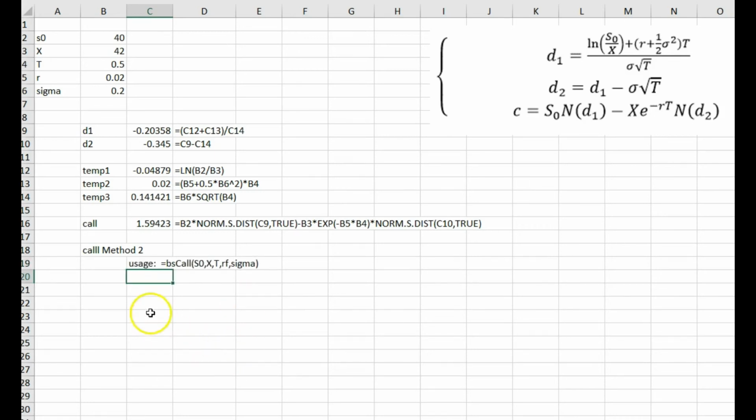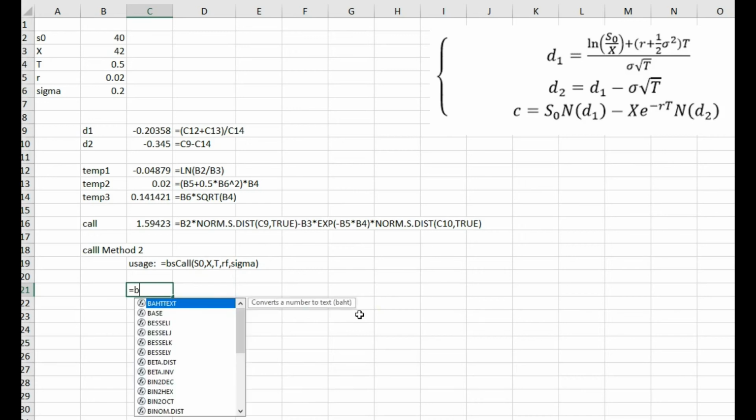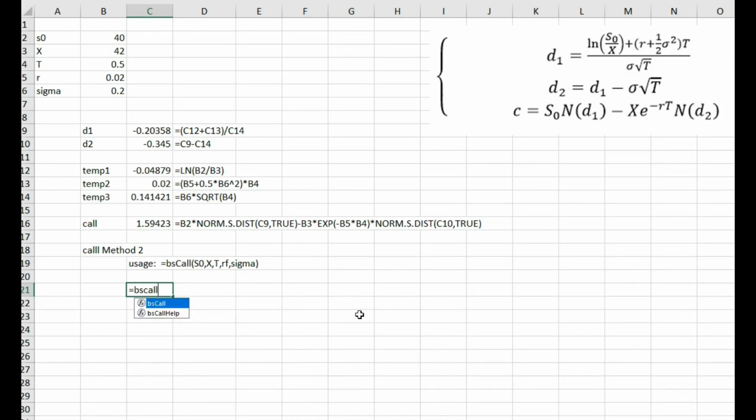Its usage is BS call, S0, exercise, maturity, risk-free, and standard deviation. So this is equal Black-Scholes call, S0, comma, exercise price, comma, maturity, comma, risk-free rate, comma, and volatility.